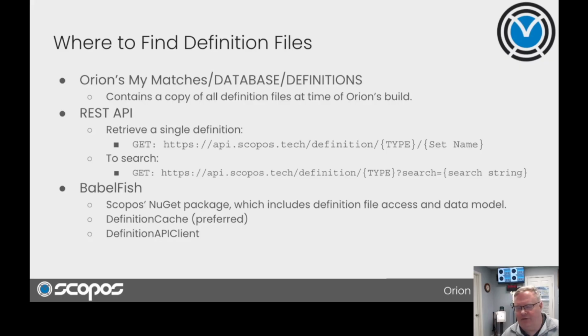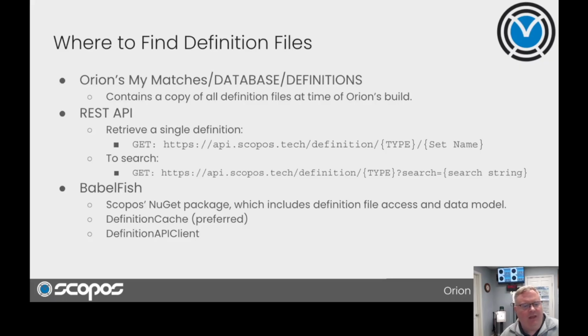Second, you can access all of the definition files using our REST API, and we have Postman examples on how to do so, and we have the URIs to access the definition files listed on this screen. But most programmers are going to get a copy of the definition files using Babelfish, our .NET NuGet package. This is the easiest way to get access to the definition files.